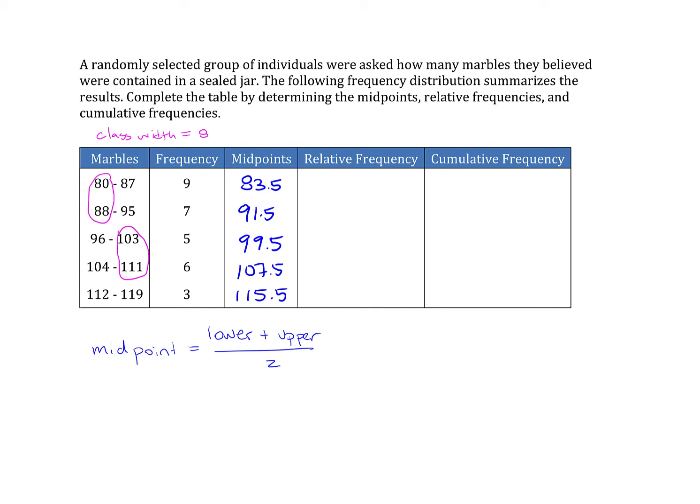Now, relative frequencies. There's also a formula for relative frequencies: take the individual class frequency divided by the total number of data items.